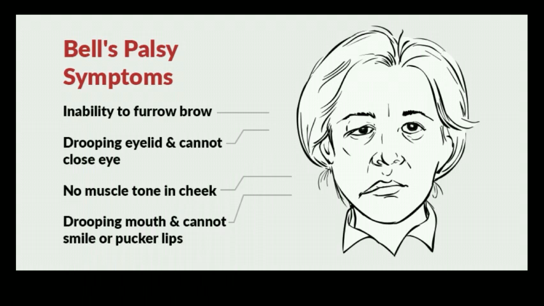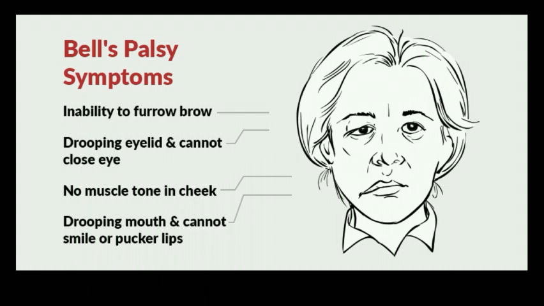That is, injury to the facial nerve results in paralysis of some muscles of facial expression on the same side of the injury, leading to characteristic appearances in which the outer corners of the eye and the mouth droop on the affected side.